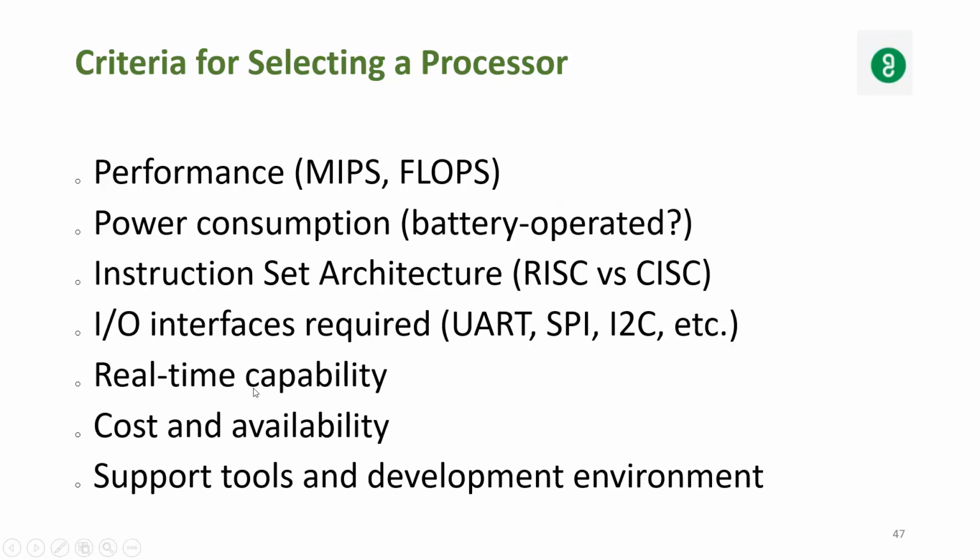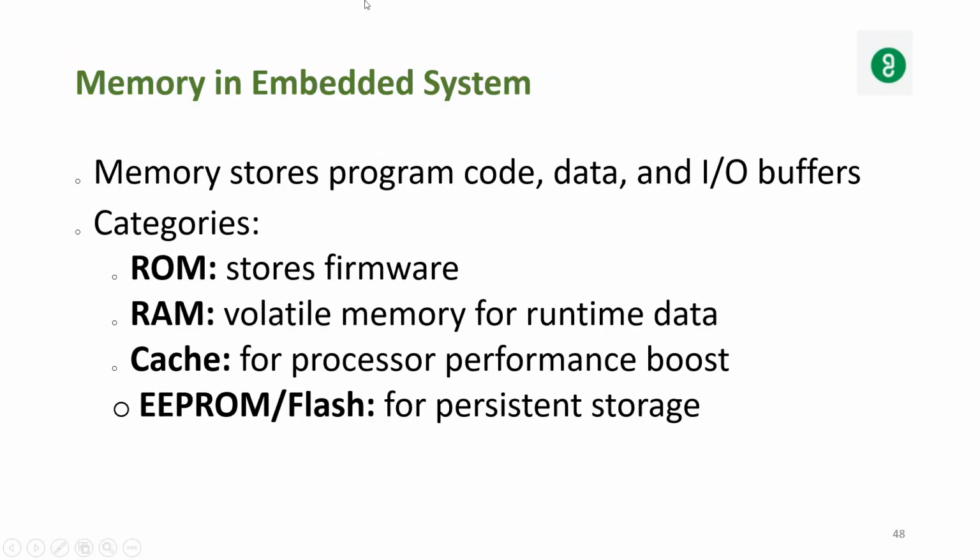If it is a sophisticated system, the cost will be very high, and you have to check the availability of the processor. And you have to see whether support tools are available, and you have to check the development environment. These are the criteria for your processor selection.